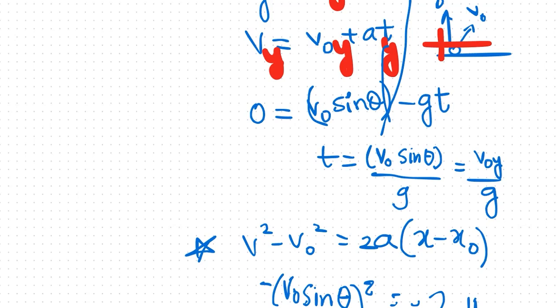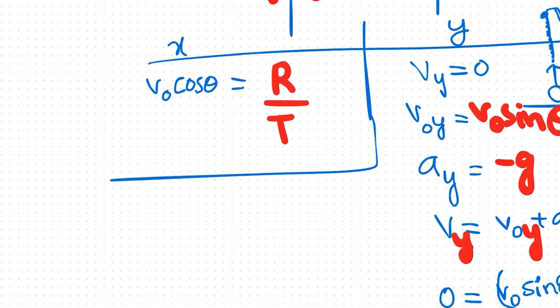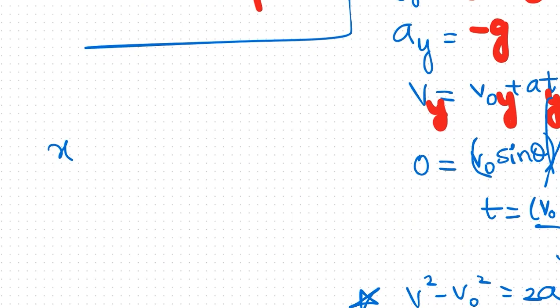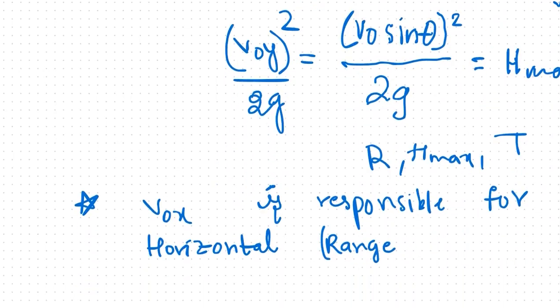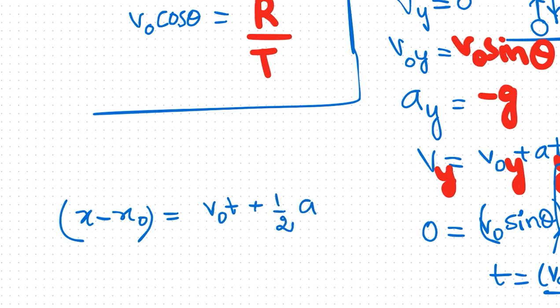What about the third formula? x minus x naught equals v naught t plus half a t squared.